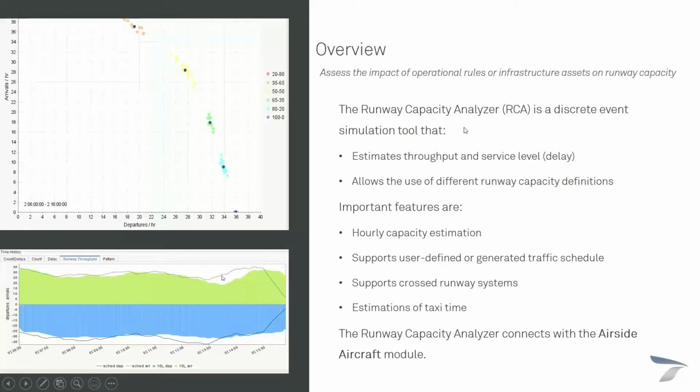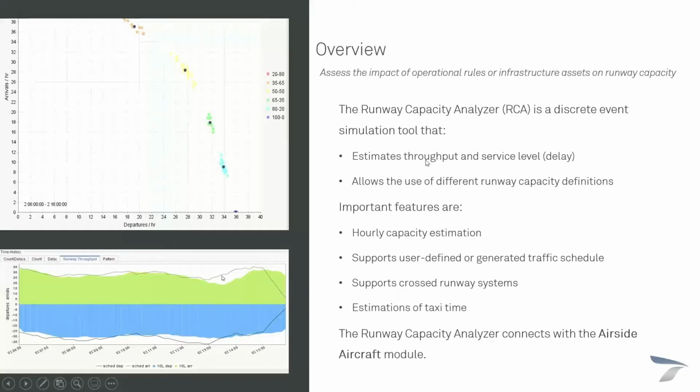With it you can assess the impact of your operational rules or infrastructure assets on runway capacity. What this module gives you is an estimate of runway throughput and service delay, and it allows you to use different runway capacity definitions. So let's explain that in more detail.